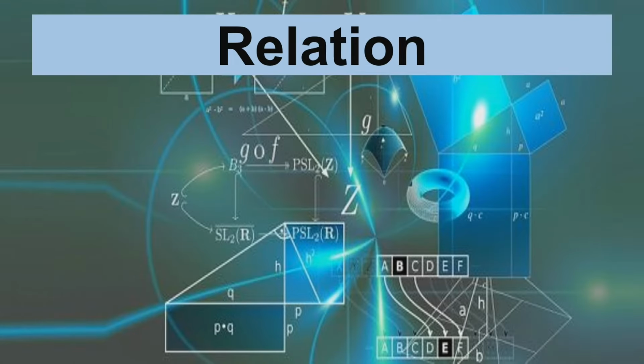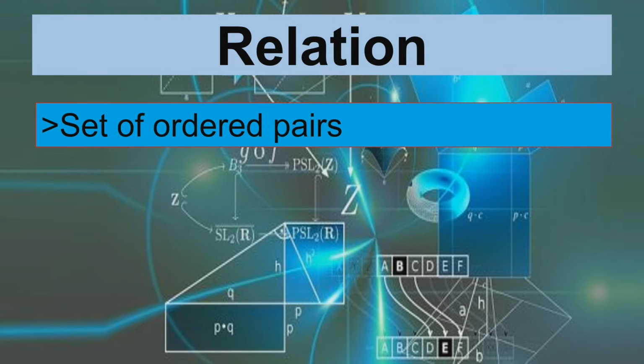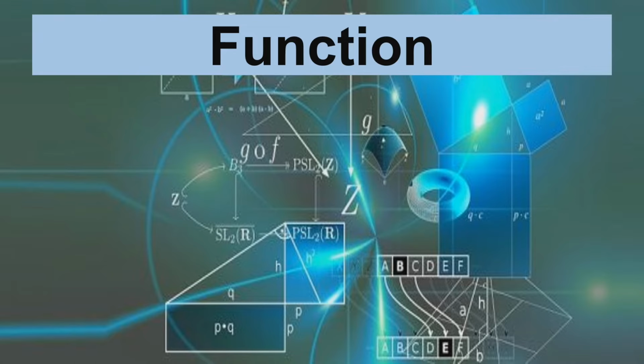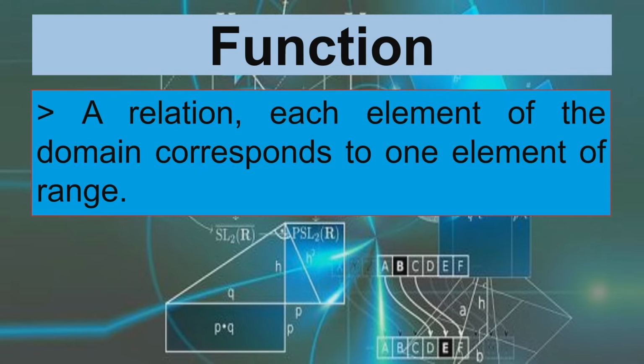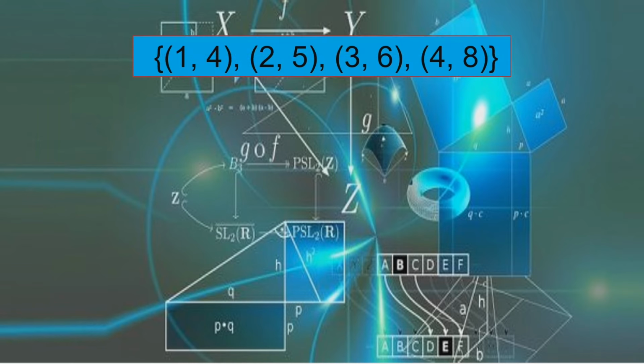Okay, what is relation? So, relation is a set of ordered pair. Function. A relation, each element of the domain corresponds to one element of range. I have here an example of a set: (1, 4), (2, 5), (3, 6), and (4, 8).